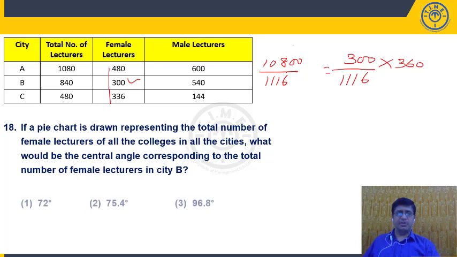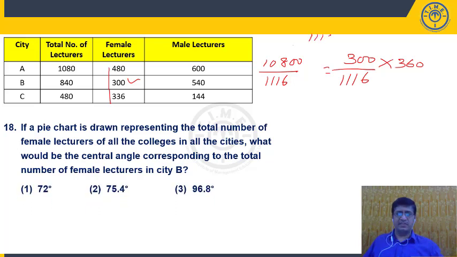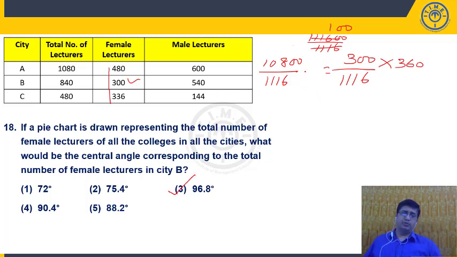If the value is 111600 by 1116 we can say it is 100%. But it is very close to that value, means it is less than 100%. Less than 100% is what is the value here? It is option number 3, 96.8 is the value. It is less than 100%, because here the value is less than 111600.